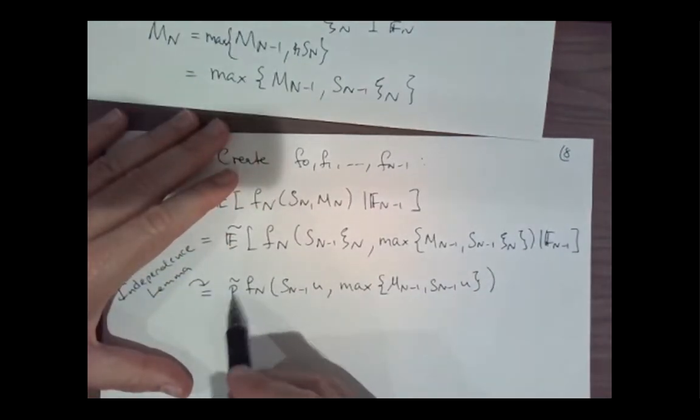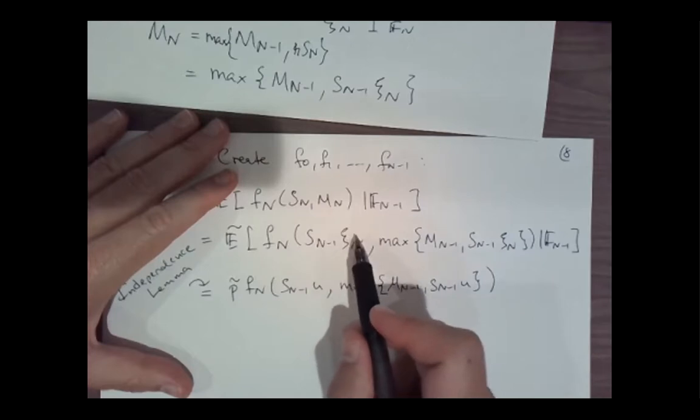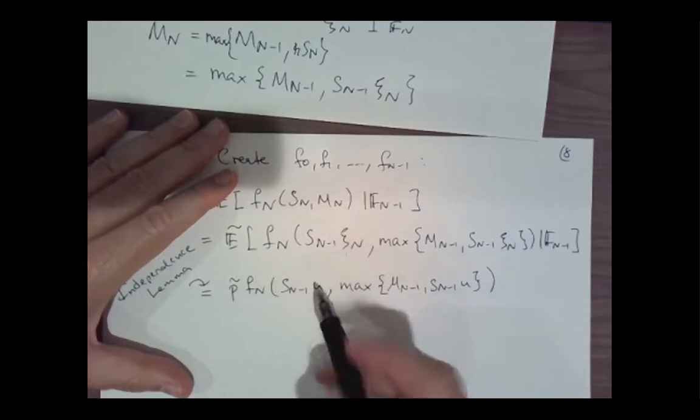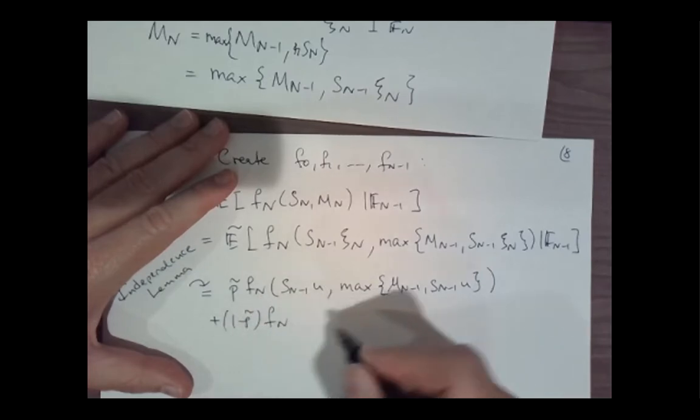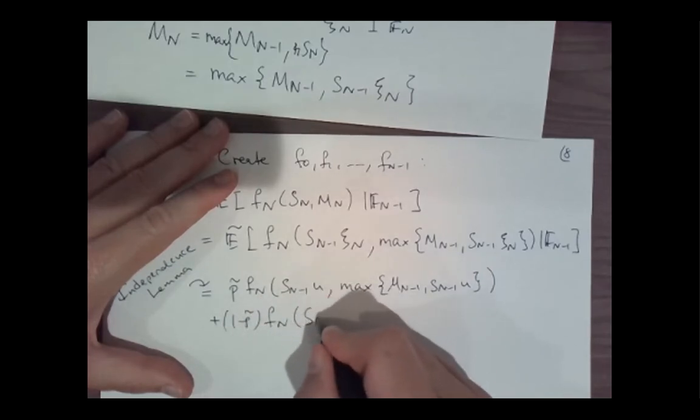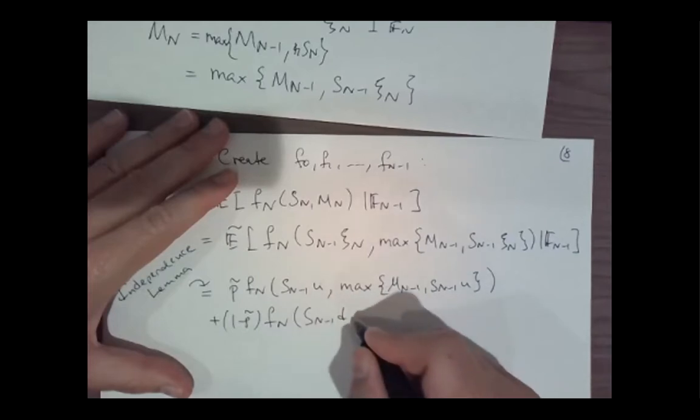That was the probability of it being heads when we get to u, and then we also have 1 minus p tilde times Fn, and then everything similar except for u being replaced by d.